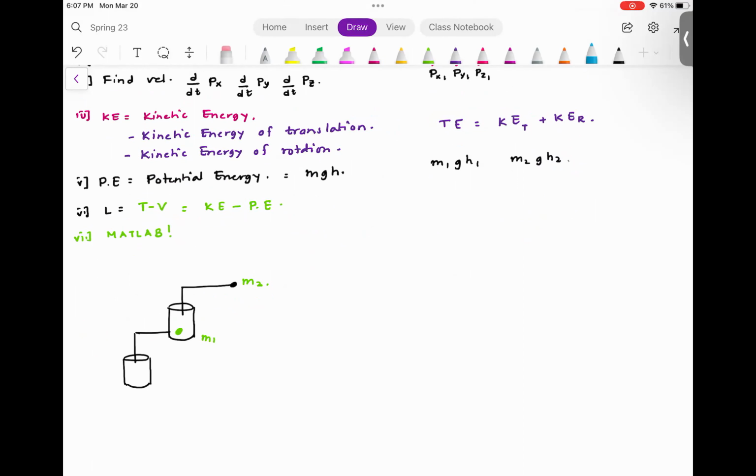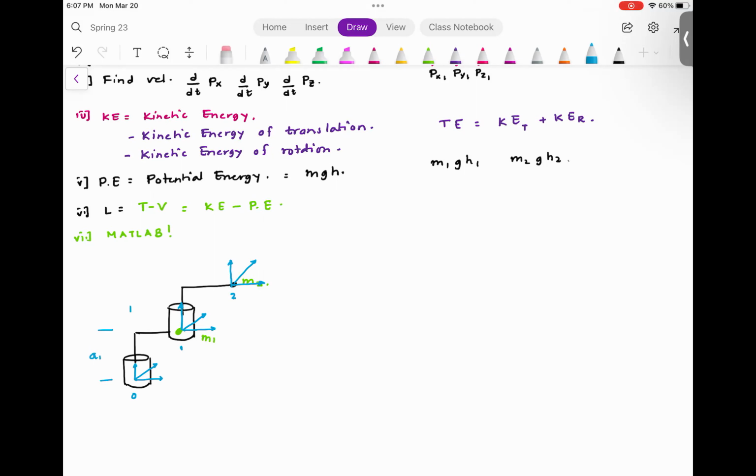Step number 1 is to assign the coordinate system. So for the 0th frame, 1st frame, and 2nd frame. So this is going to be the 0th frame, 1st frame, and 2nd frame. I'm going to call this distance A1.